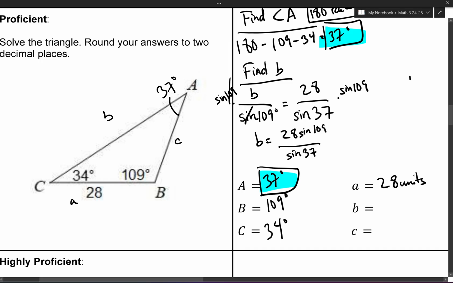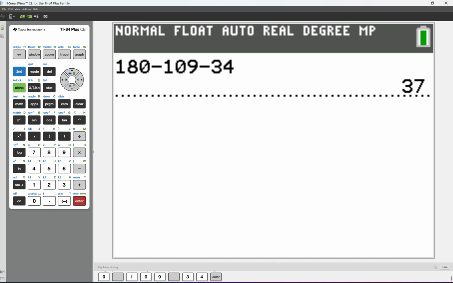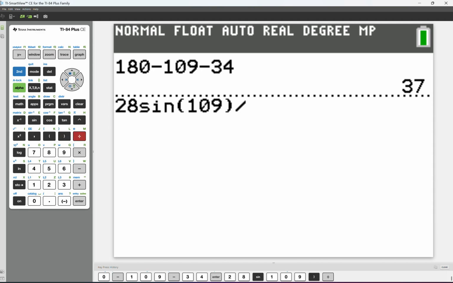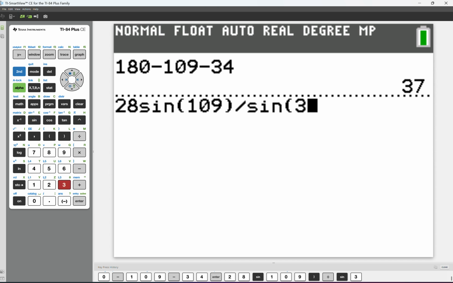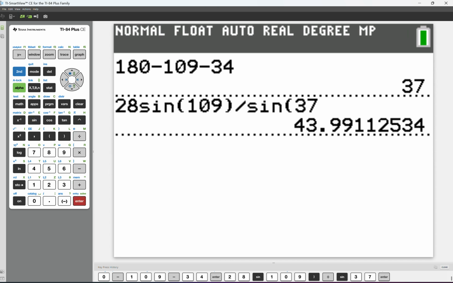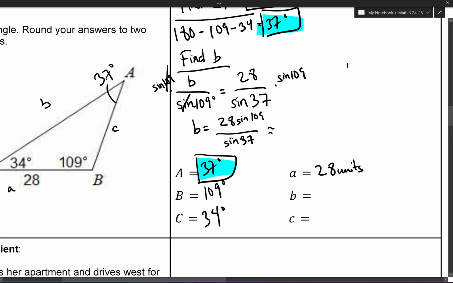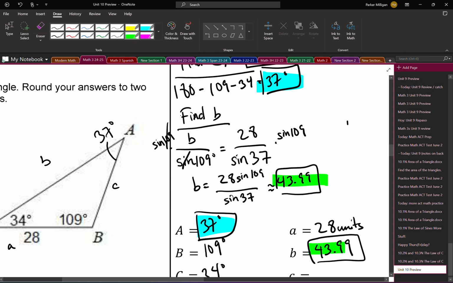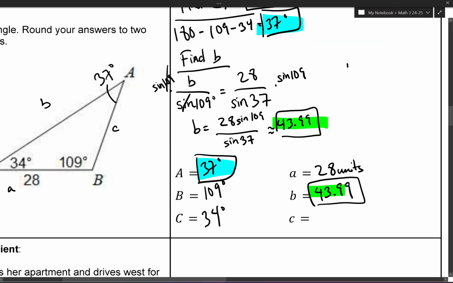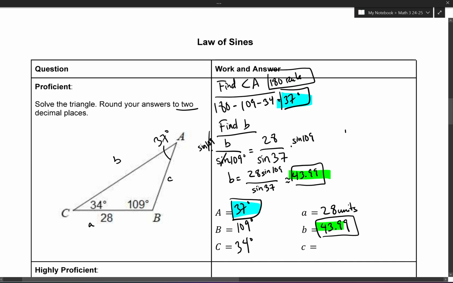Sine of 37 gives about 43.99 units. New information. I'm rounding to 2 decimal places here.